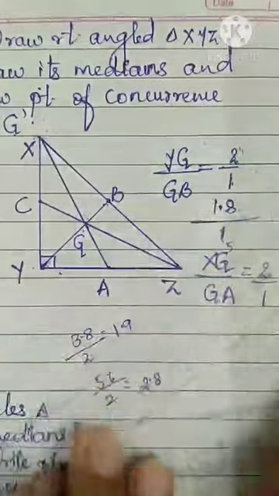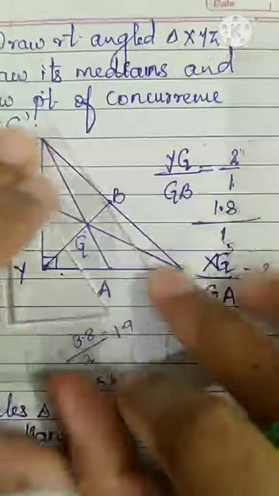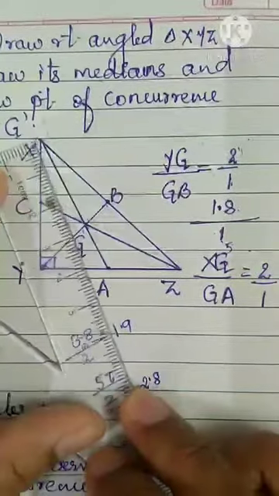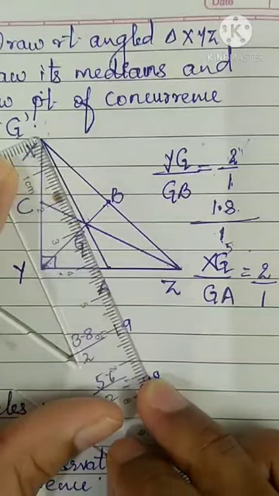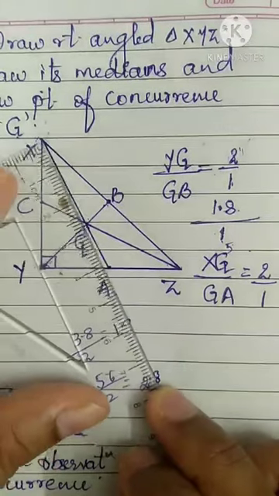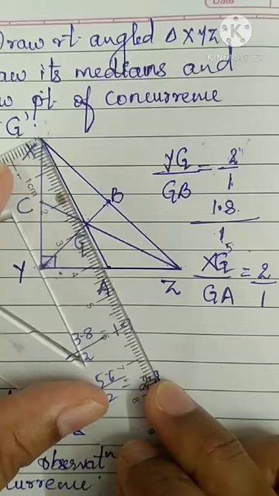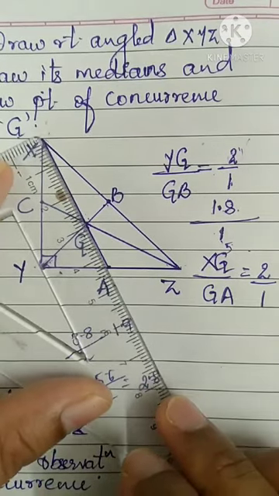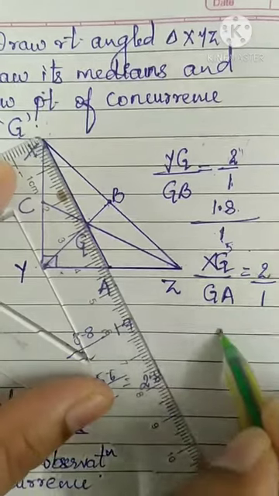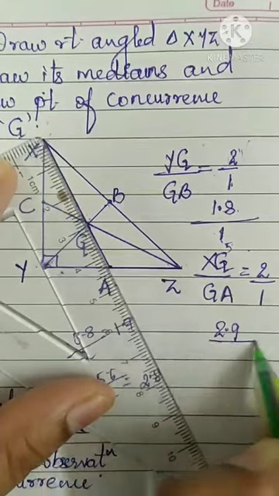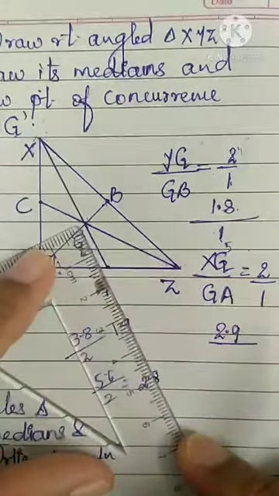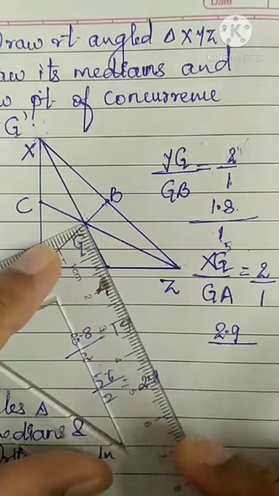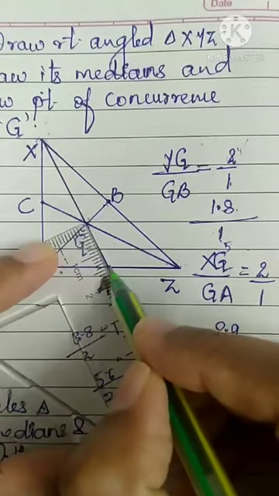Let us take XG. Where is XG? Measure XG using a scale, properly. XG I am getting as 2.9 and GA I am getting as 1.5.